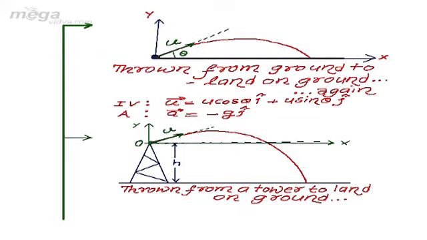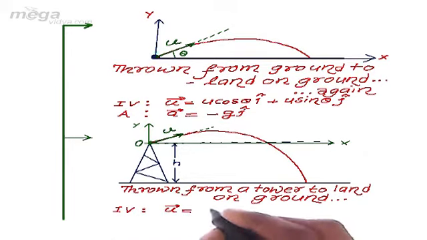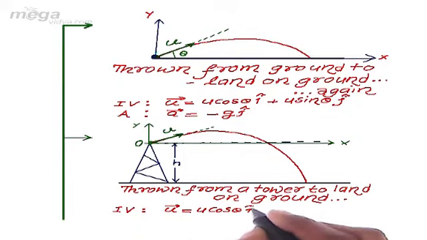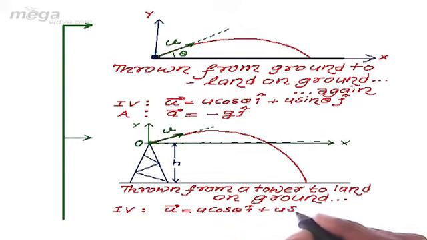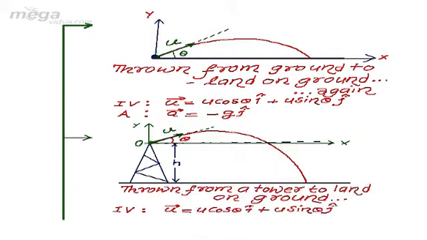Here, we can analyze the basic parameters of the motion with which this motion starts. If we talk about the initial velocity, it again comes as vector u equal to u cos theta i cap plus u sin theta j cap, where theta is this angle of projection.